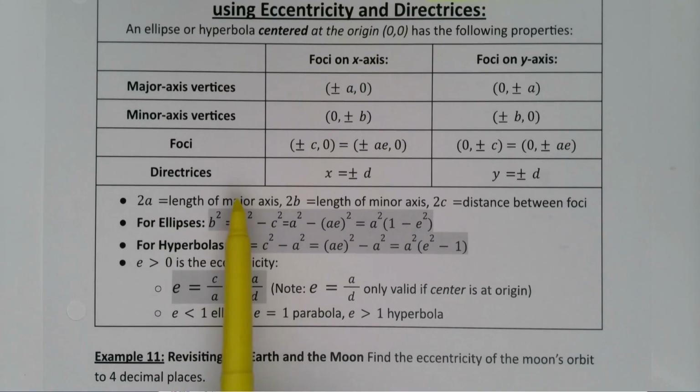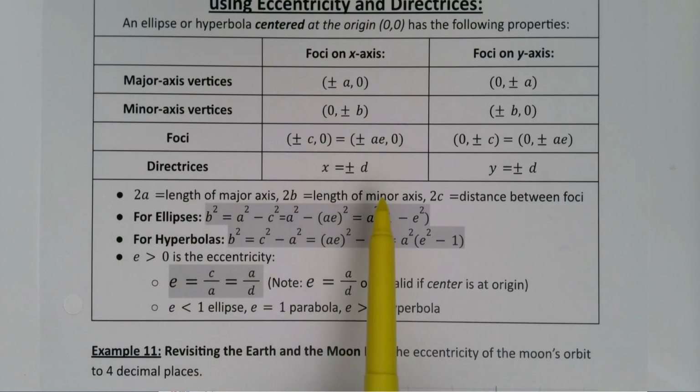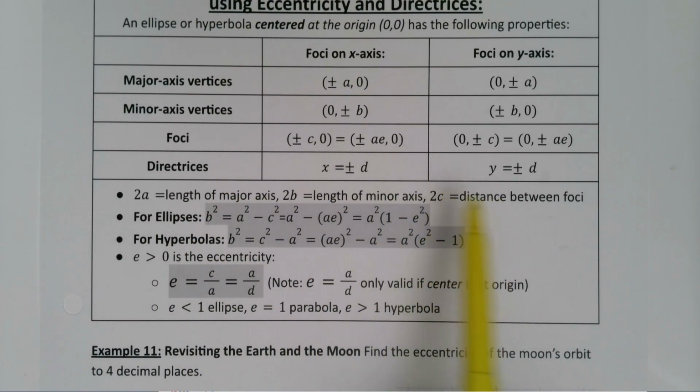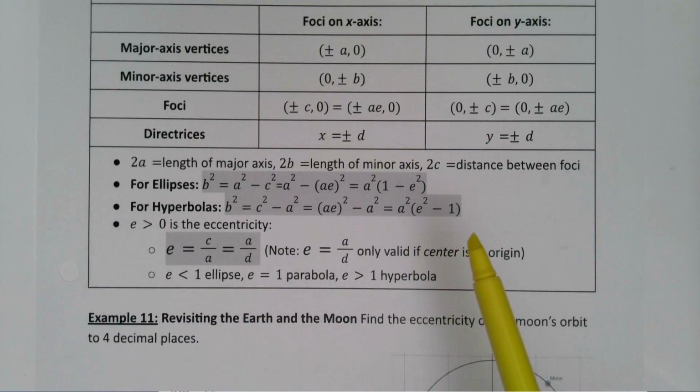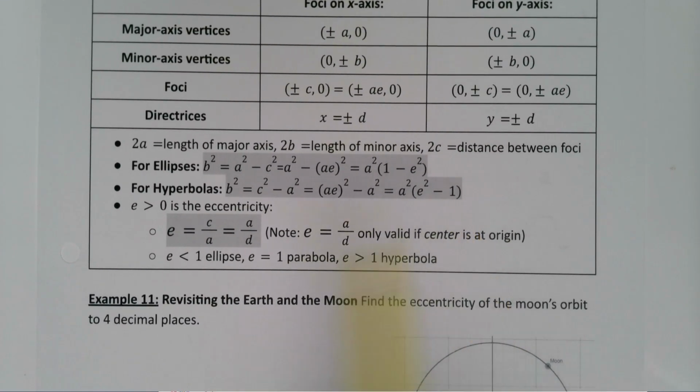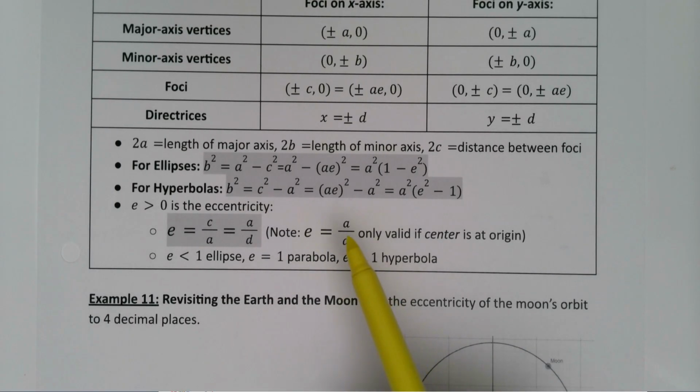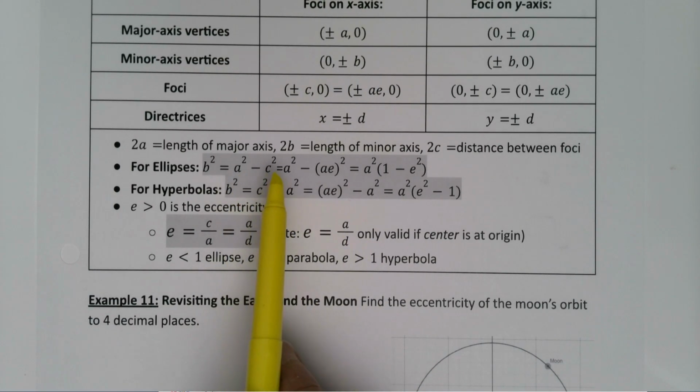So you have the length of your major axis, which is 2a, the length of your minor axis is 2b, 2c is the distance between the foci. So it's very similar because it's built on the same pieces that we were working on before when we were working strictly in the rectangular system, and we weren't working with the eccentricity and directrix. So for ellipses, b squared is equal to a squared minus c squared.